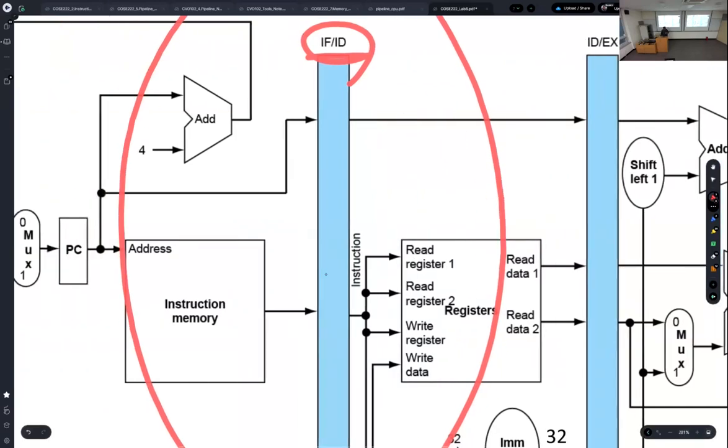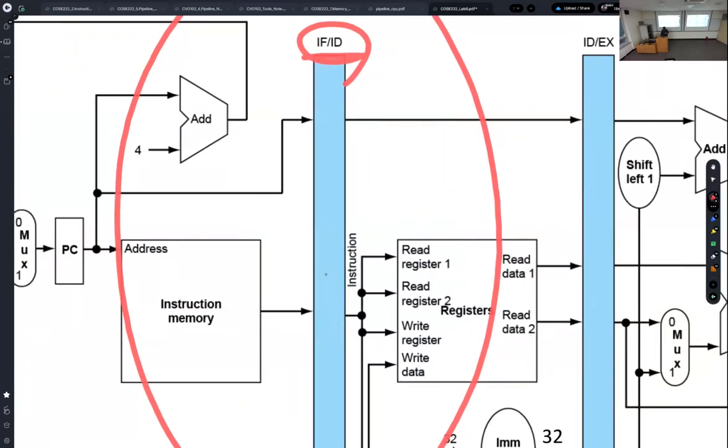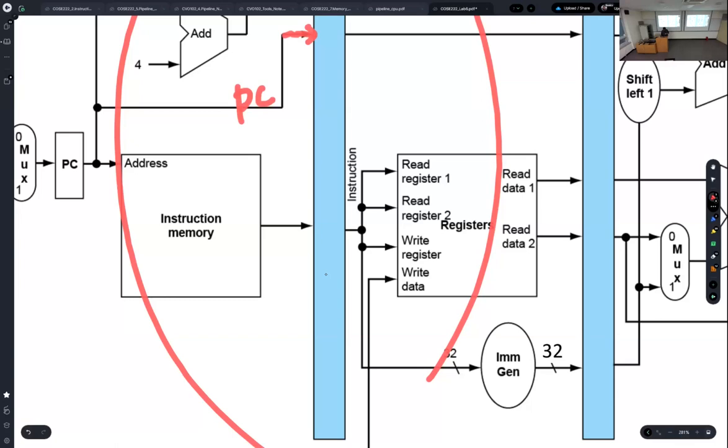As you can see, this pipeline register receives PC, here, and the output from instruction memory, which is the instruction, right?